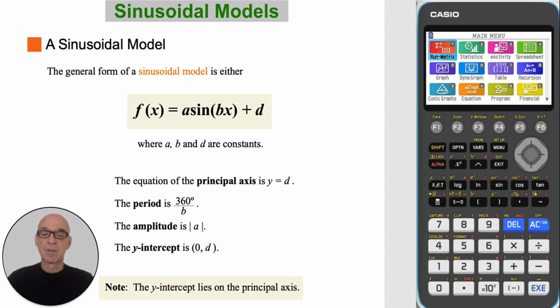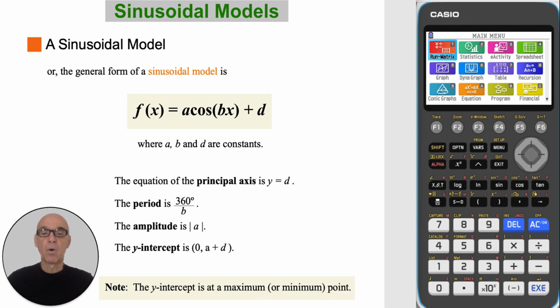Note that the y-intercept is the point (0, d), and the y-intercept lies on the principal axis. Or a cos(bx) + d, where the y-intercept is the point (0, a + d), and the y-intercept is at a maximum or minimum point.